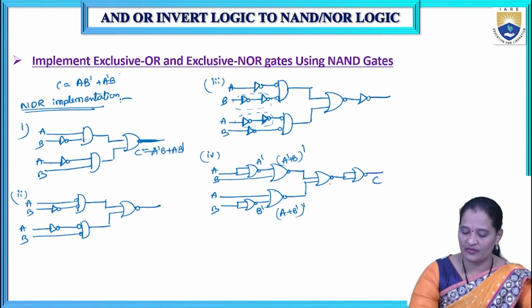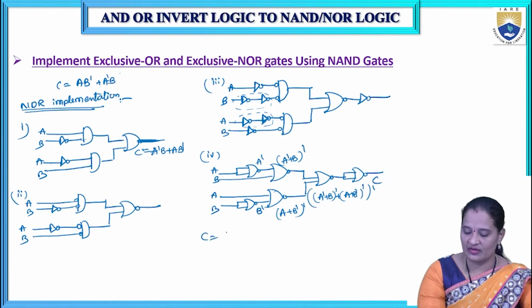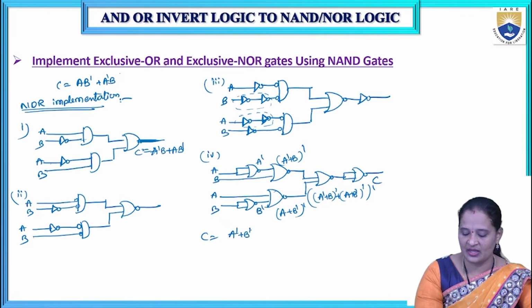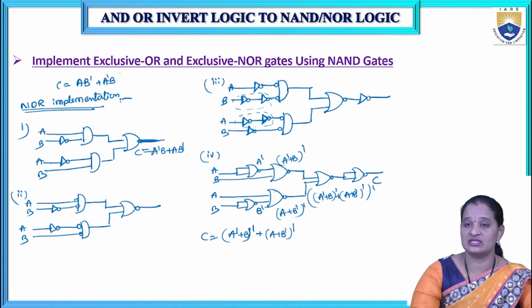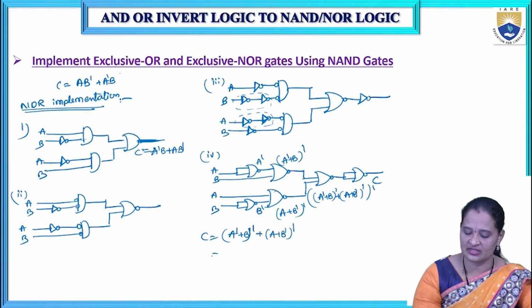And then what will we get? The output of this one is A bar plus B whole bar plus A plus B bar whole bar whole bar. And finally, we have the complement. So what I will get finally is A bar plus B complement plus A plus B complement, because it is a double inversion, it is eliminated.